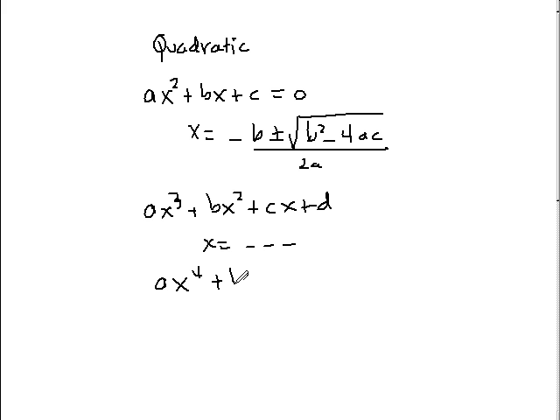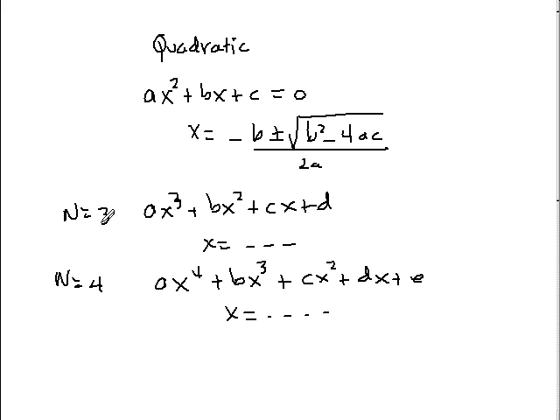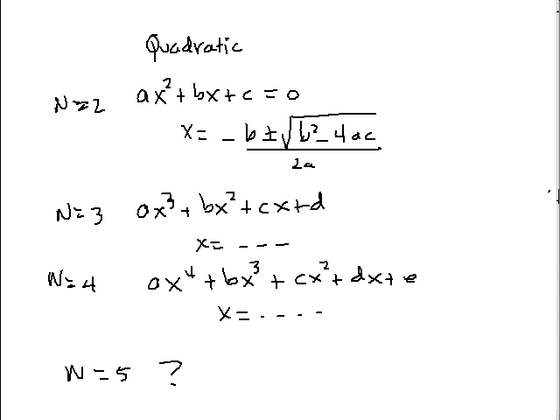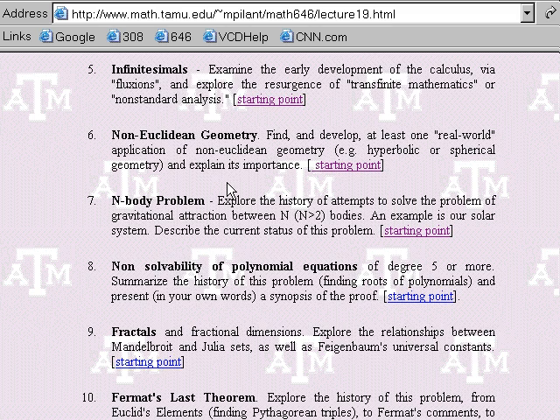There's an analogous formula, and there's one for even fourth order, in terms of the coefficients. So for n equals 4, n equals 3, n equals 2, n equals 1, it's pretty easy. For n equals 5, there's no closed form expression for the roots of a fifth order polynomial in terms of its coefficients, other than very special cases.